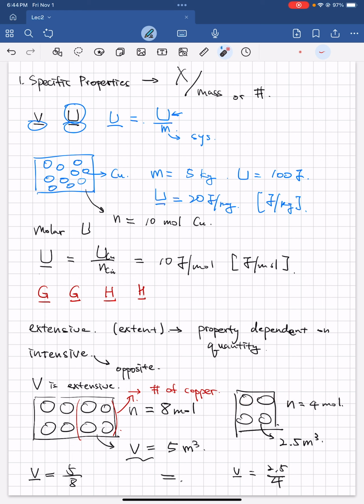So this is how you compare materials, by turning extensive properties into intrinsic property by normalizing it.